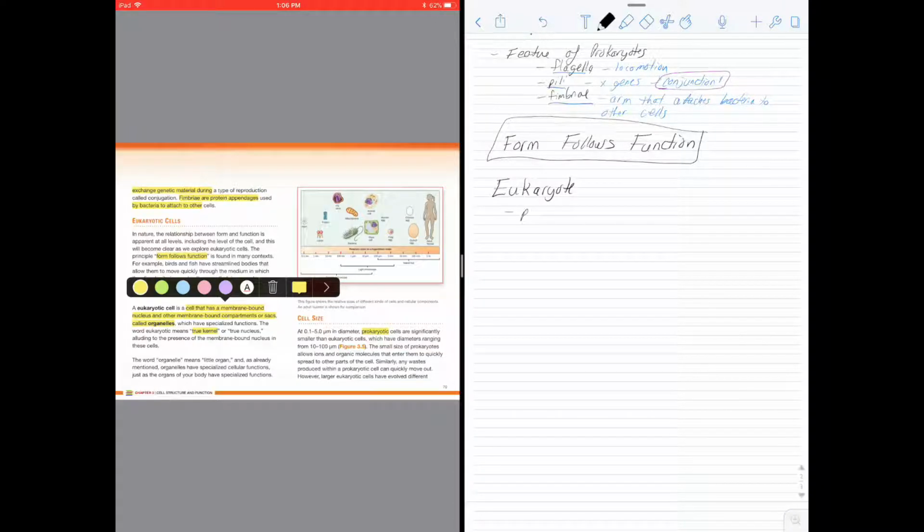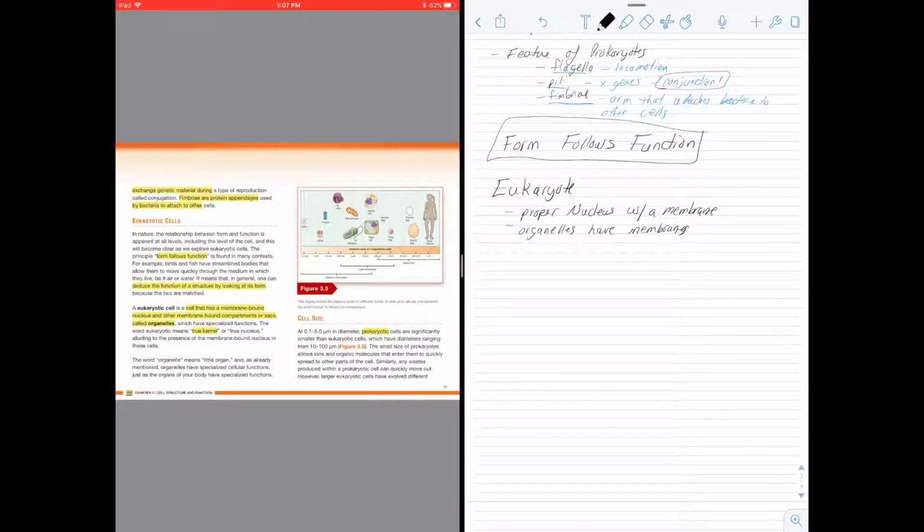So you have a proper nucleus with a membrane around it. Okay? You have other organelles with membranes. And then right here, so we've got true kernel.